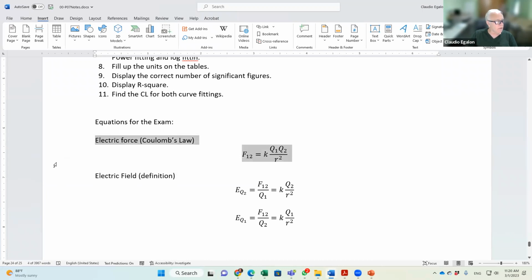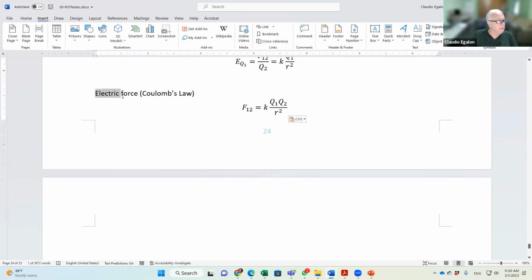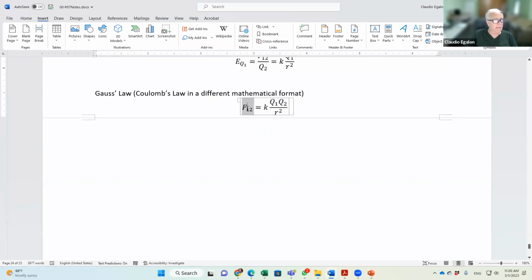Okay, Gauss's law is nothing but Coulomb's law in a different mathematical format. So how do we formulate Gauss's law?